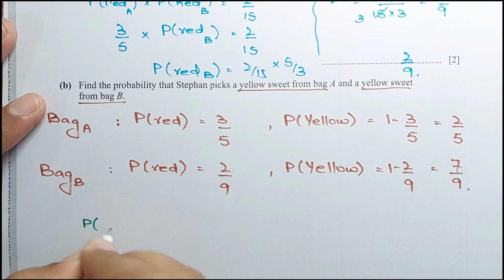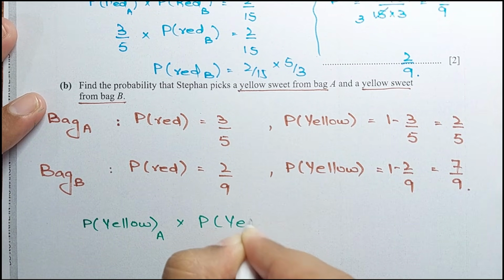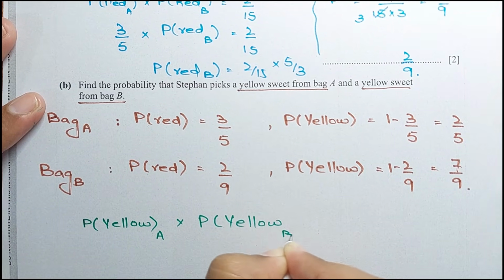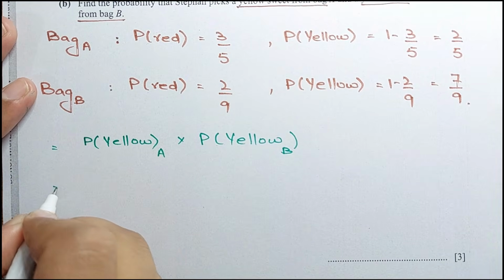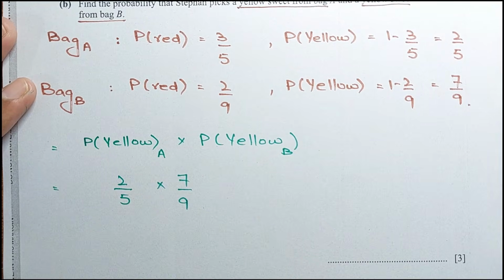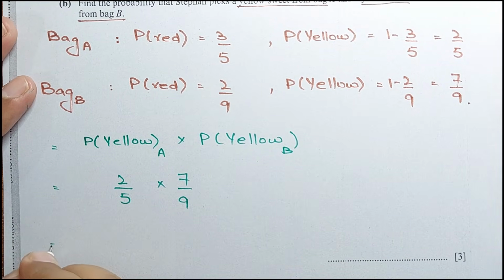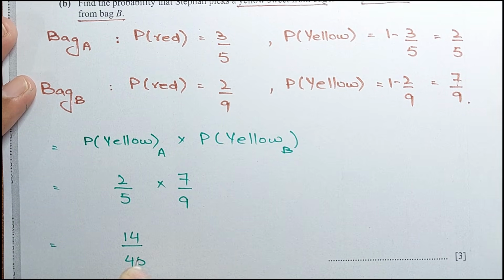The probability of yellow from bag A multiplied by the probability of yellow from bag B: 2 by 5 multiplied by 7 by 9. 2 times 7 is 14 and 5 times 9 is 45. So 14 over 45 is the probability.